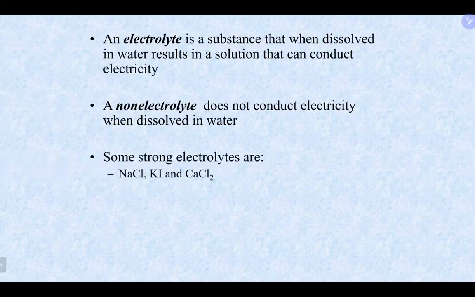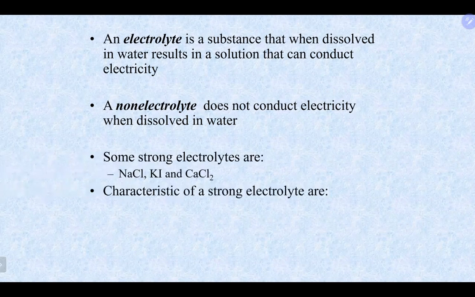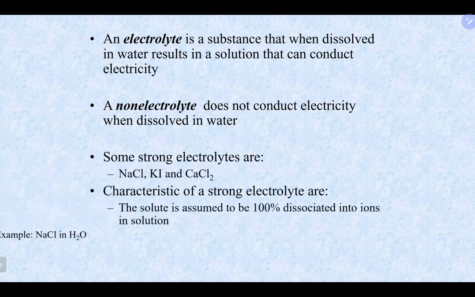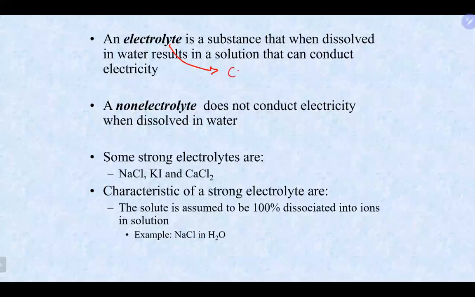Now, when we talk about what happens in aqueous situations, an electrolyte is sometimes referred to. An electrolyte is a substance that will conduct electricity. The reason it's able to do that is that when an electrolyte is dissolved in solution, it will create ions.